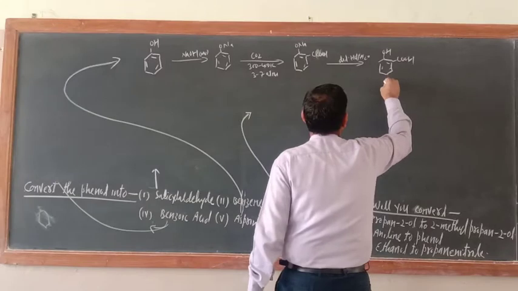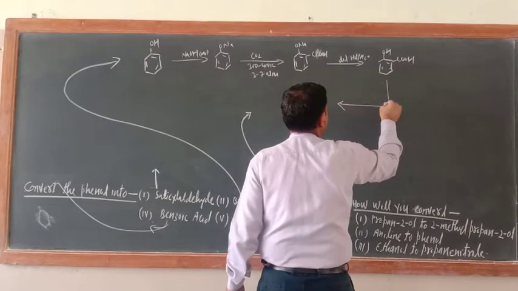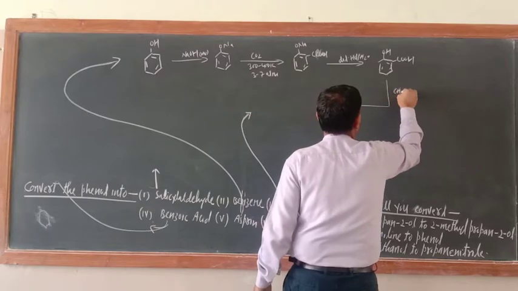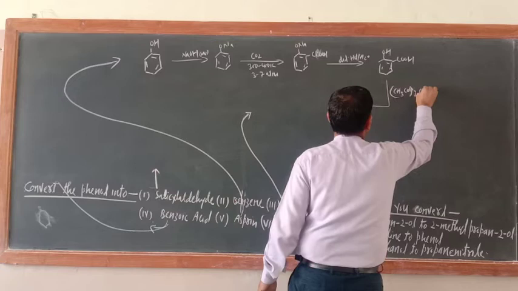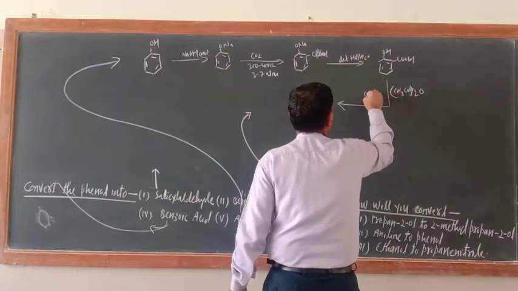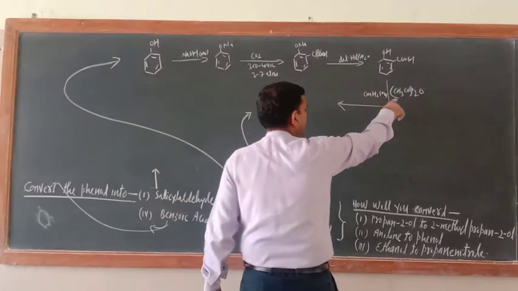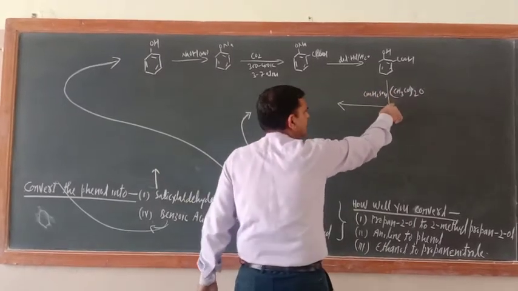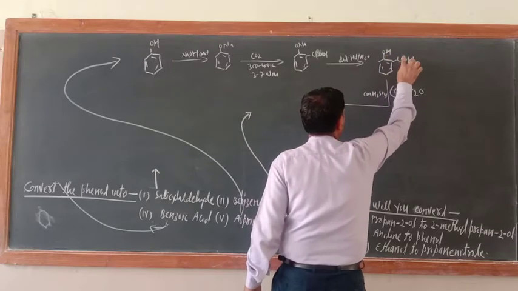This is 2-hydroxybenzoic acid. Now 2-hydroxybenzoic acid should be treated with (CH3CO)2O, acetic anhydride, in presence of concentrated H2SO4. I have taught this reaction. Then this will react only with the phenolic group.